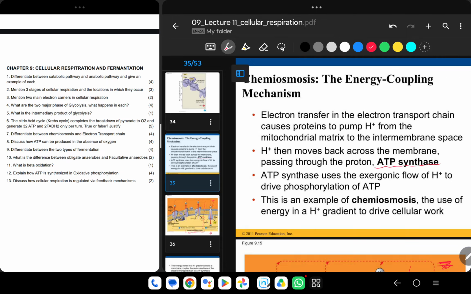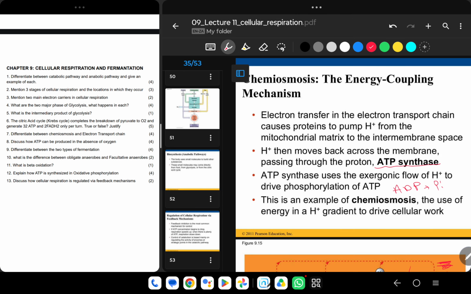So this ATP synthase uses the exergonic flow of H plus to drive the phosphorylation of ATP. That is basically the process whereby ATP gets formed, because once ADP gets phosphorylated, reacting with the inorganic phosphate, they form what? The ATPs. So here you just need to explain or talk about chemiosmosis.